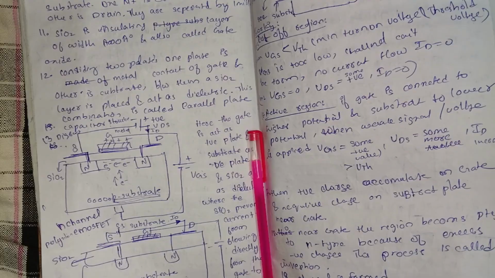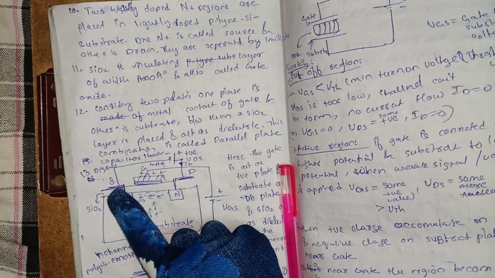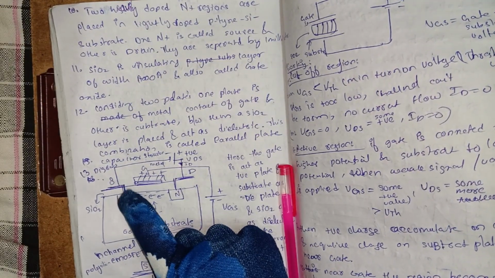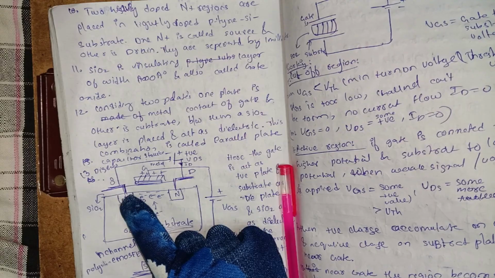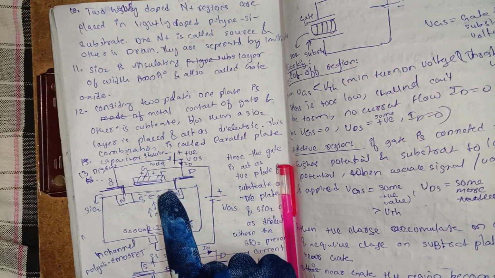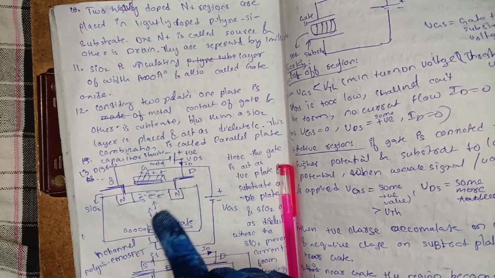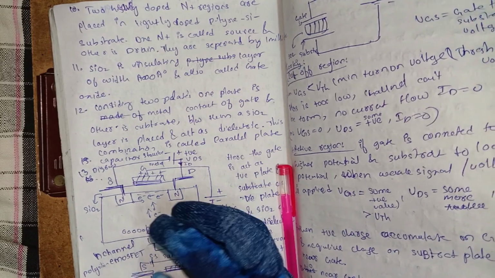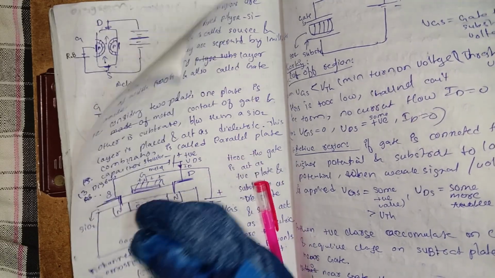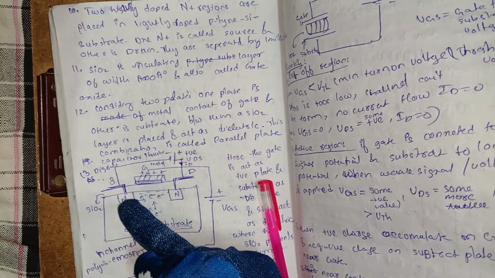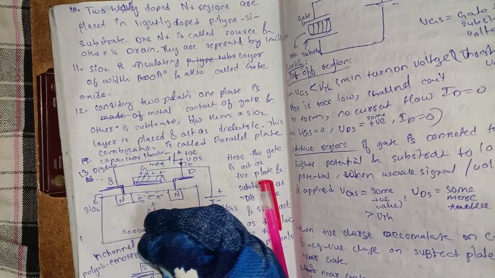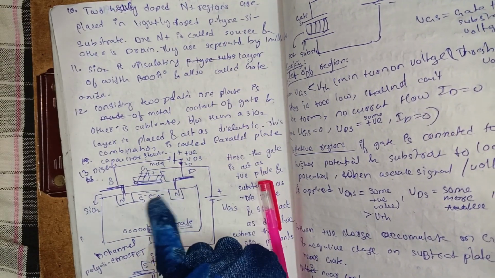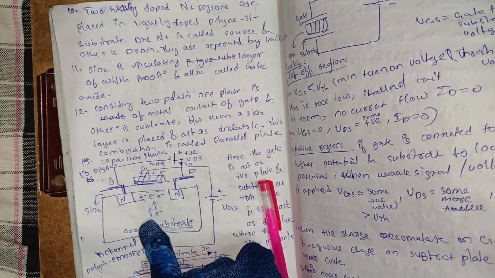So in the diagram, this is the ohmic contact and this is the P substrate. The N regions are welded in the p-type substrate.